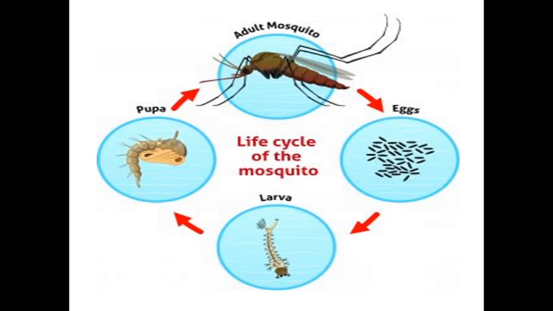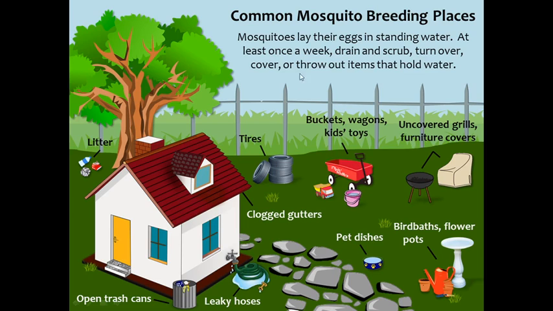So these eggs or larva or the pupa, they grow in the dirty water, and that's why in the poster they mention that don't let water collect surrounding us, as the mosquitoes are growing in that water. Understood?